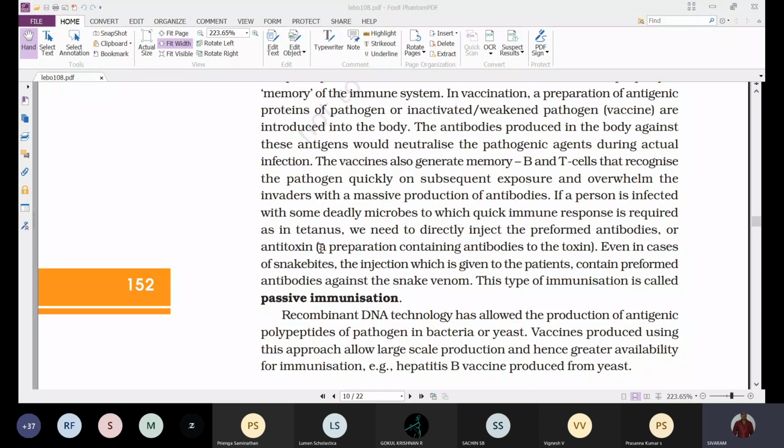But in the case of immunization, the person is already suffering from a certain infection. In that case, we are giving the ready-made antibodies, and that phenomenon we are calling immunization, or in other terms, passive immunization.